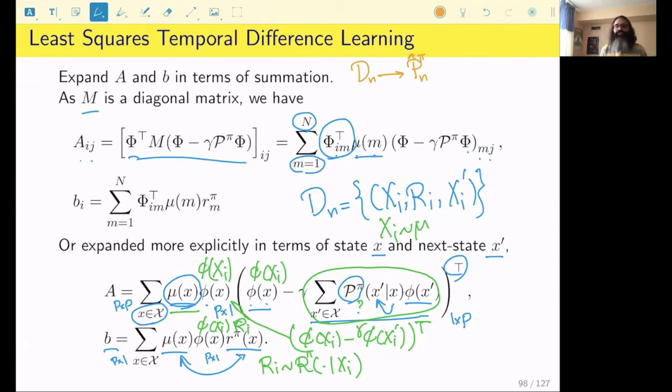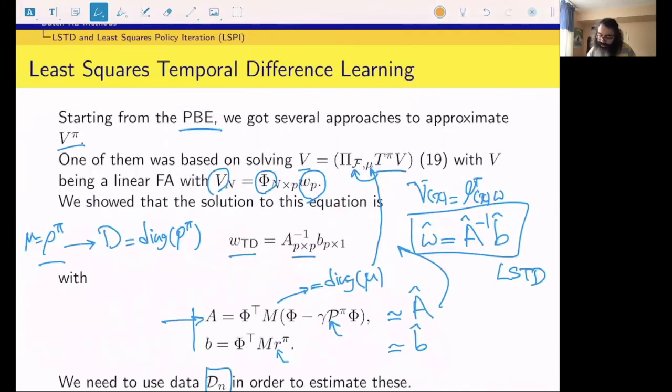So you get a count-based estimate, which happens to be the maximum likelihood estimate for the finite state problem. So you can compute that and then use it to compute A of p hat pi, using this new notation, which is basically the same A here, but instead of gamma p pi, you substitute p hat pi.